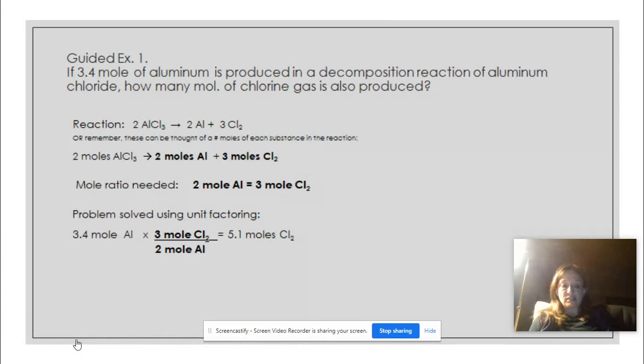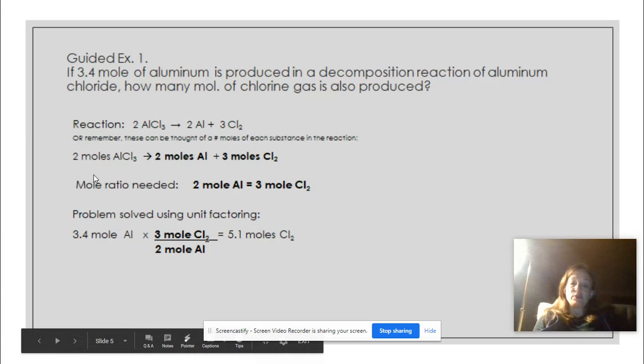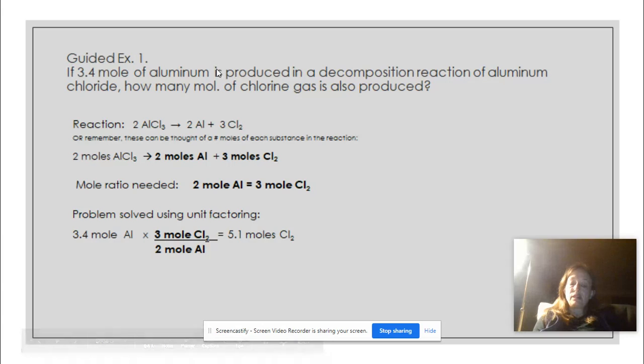All right. Next, we're going to do a guided example where we're actually using a real balanced reaction and not a s'more equation. So we have 3.4 moles of aluminum, and it's produced in a decomposition reaction of aluminum chloride, and it wants to know how many moles of chlorine gas is also produced.